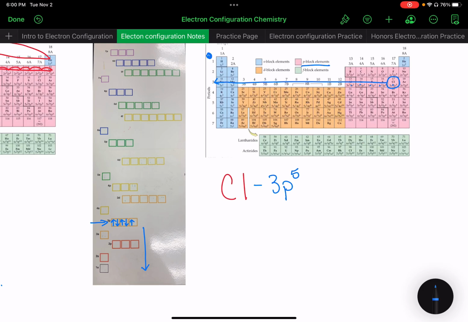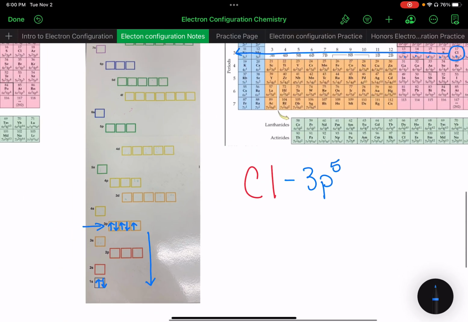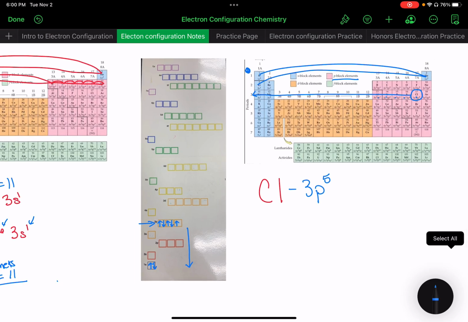I'm starting here, and I go 1 to 2, 1, 2, then I'm down to row 2, 1, 2, then I'm going to cross to the P block, 1, 2, 3, 4, 5, 6, 1, 2, 3, 4, 5, 6, and then down to 3S, up, down, boom, boom, and then across, 1, 2, 3, 4, 5.